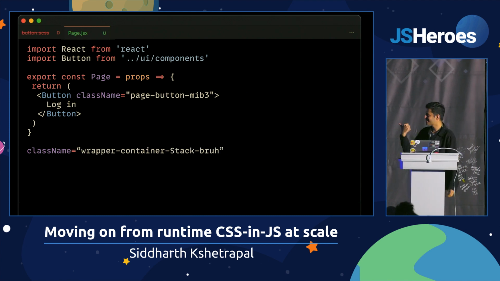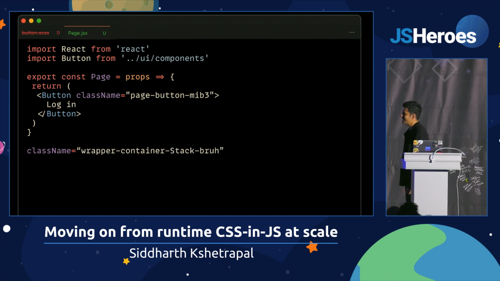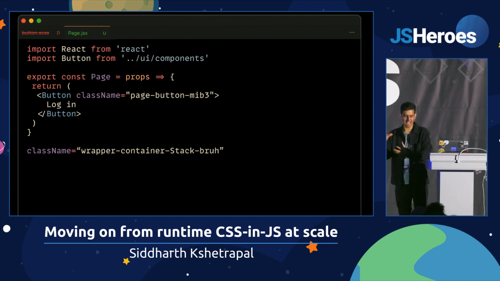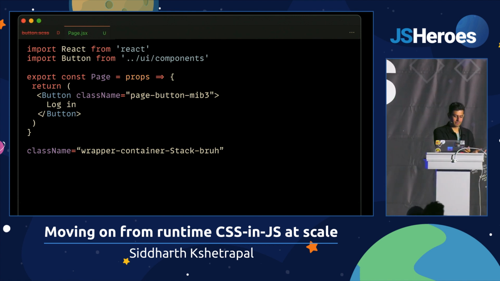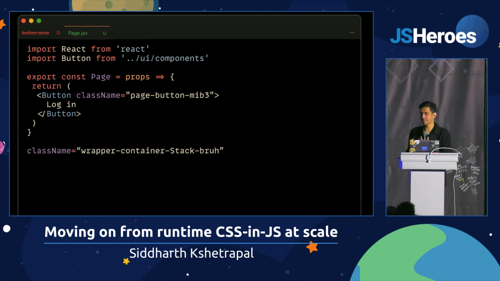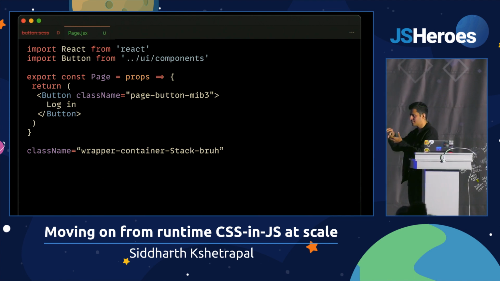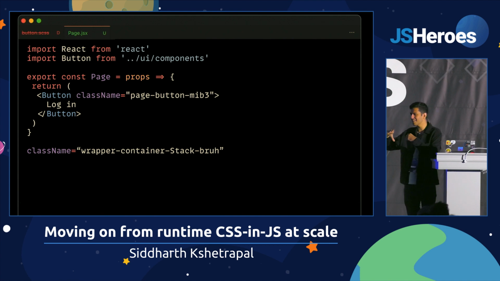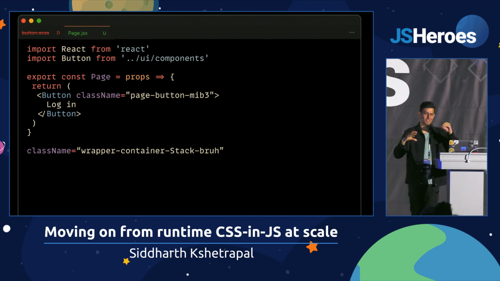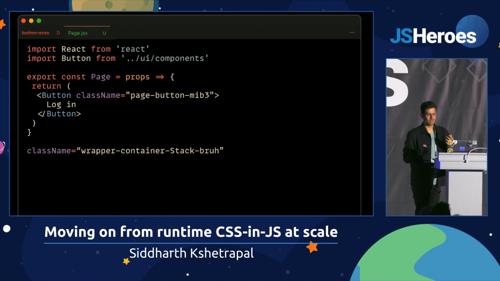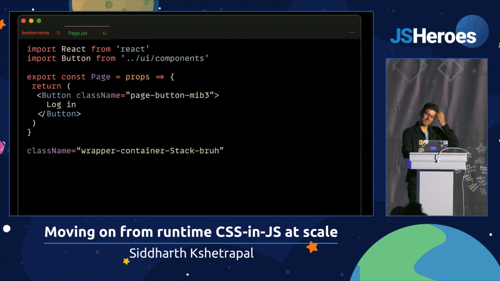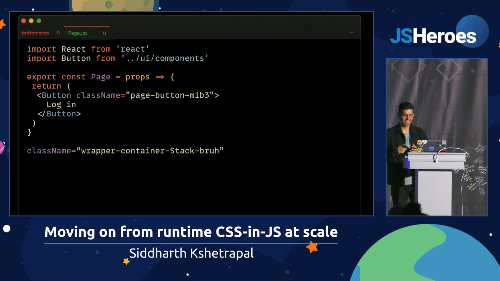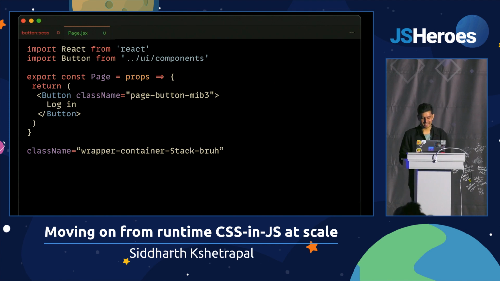But most of my names kind of end up looking like this with a wrapper container stack hash. Because we've kind of gone so far where we've said the class name doesn't really matter because you just put it on SX, and the component name doesn't really matter because you just wrap it with something else. So you get a lot of synonyms. Right? I think a code base like this is a good way to learn English, where there's wrapper, container, stack is something else, but yeah.